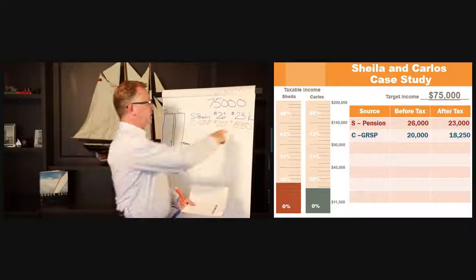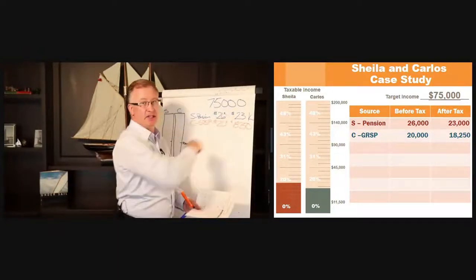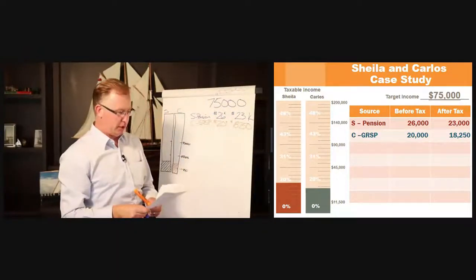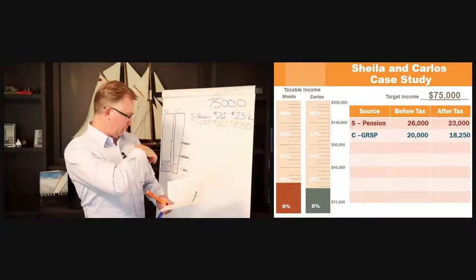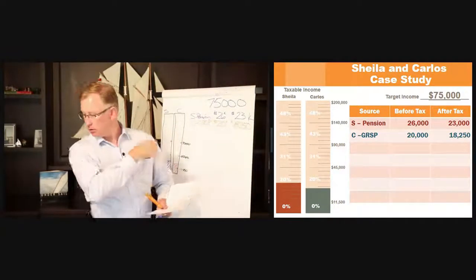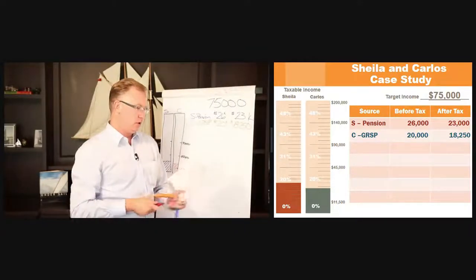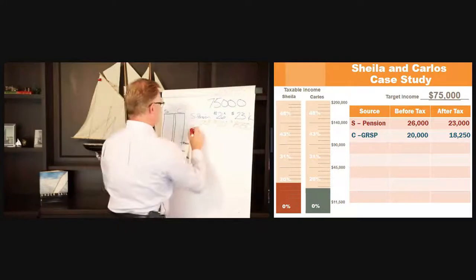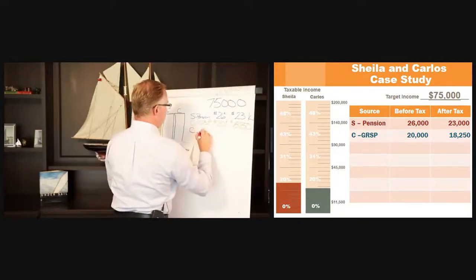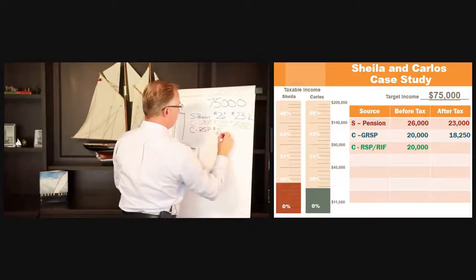Now it's pretty easy to see that 23 and 18 is not going to add up to 75. So let's keep going for a little bit. Let's suggest that Carlos is going to take out another $20,000, but out of his regular RSPs.